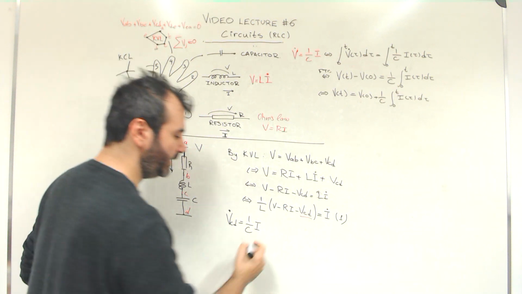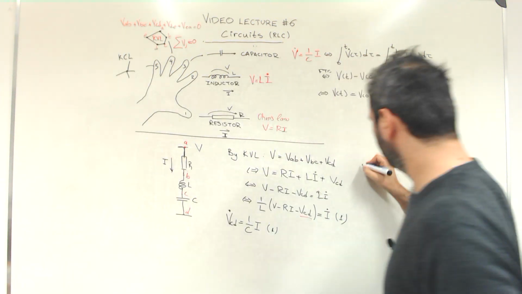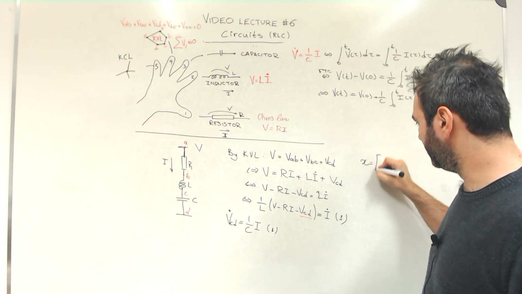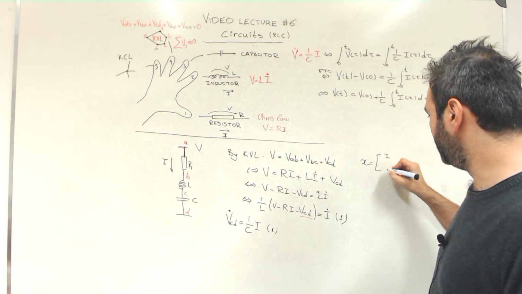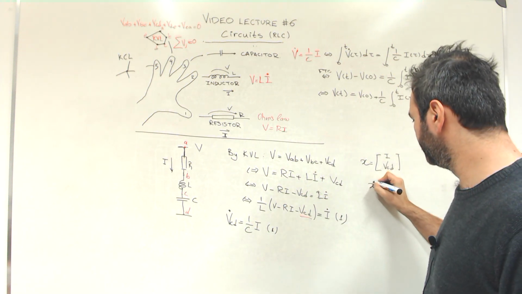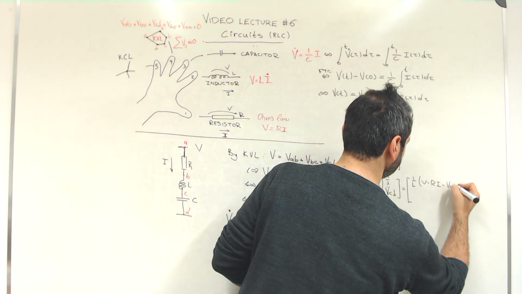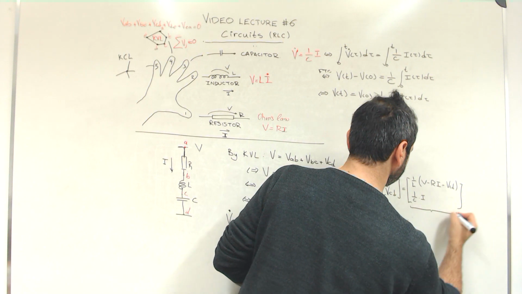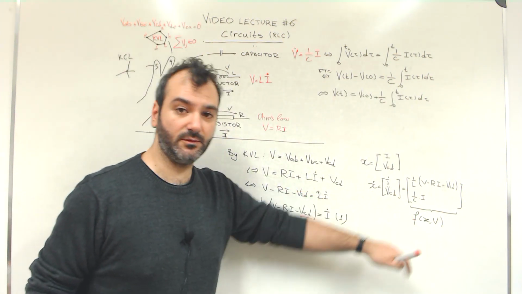And if we put them together, equation number 1 and equation number 2, we are able to define the state variable x, which is I together with VCD, and then this is the state space representation.